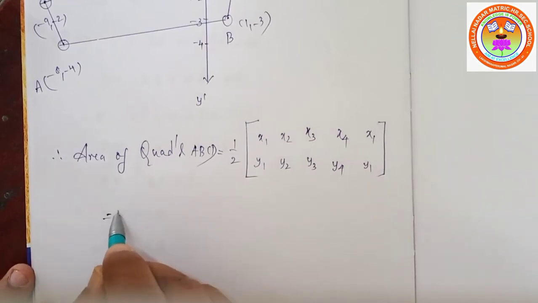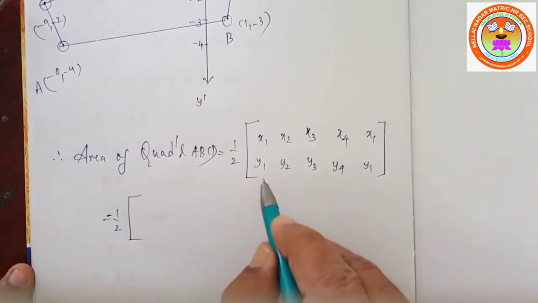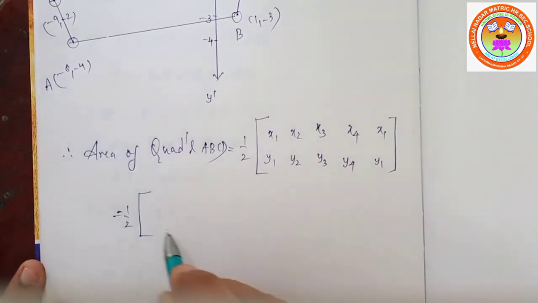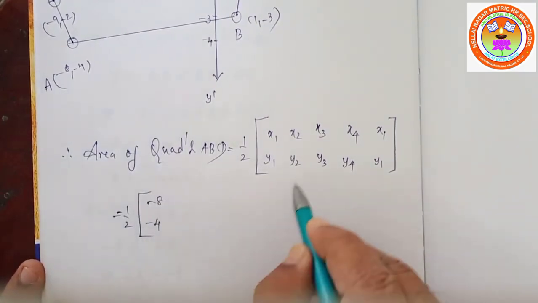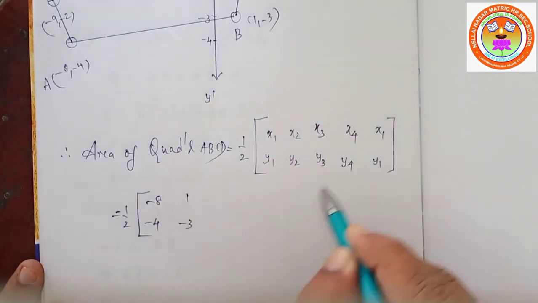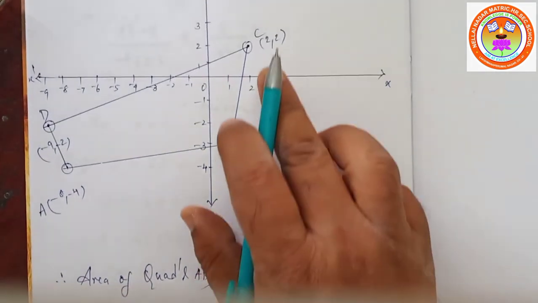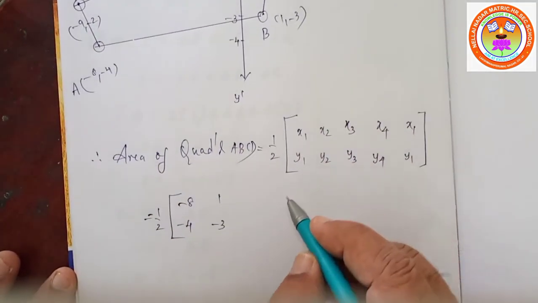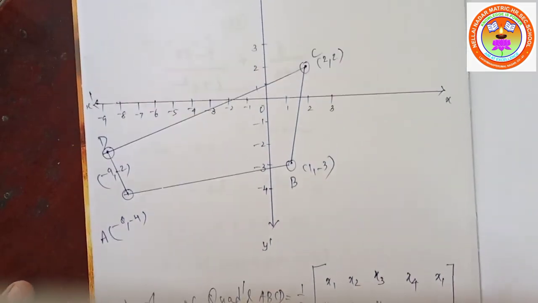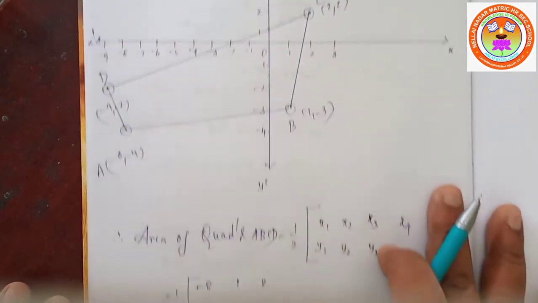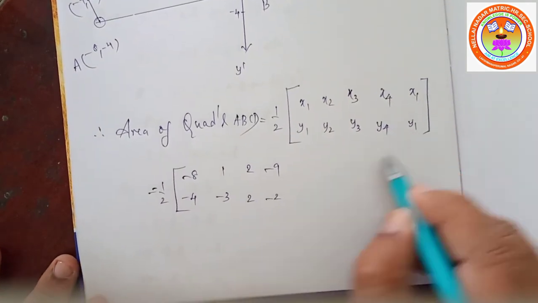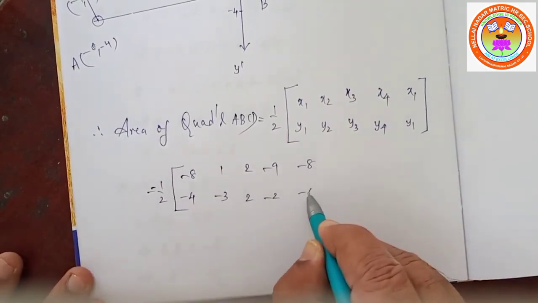That is equal to half, x1 y1, that is point A, that is minus 8, minus 4. x2 y2, that is point B, 1, minus 3. x3 y3, that is point C, that is 2, comma 2. x4 y4, that is point D, that is minus 9, minus 2. Finally x1 y1, here it is minus 8, minus 4.